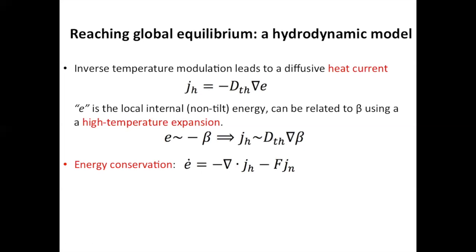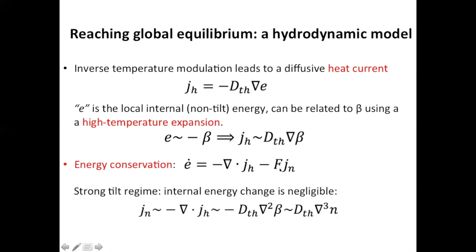So that's basically Joule heating. That's the second part here. And in the large gradient limit, it turns out that whatever particle currents you have heat up the system by converting the tilt energy to internal energy. And then the heat currents carry away this heat.